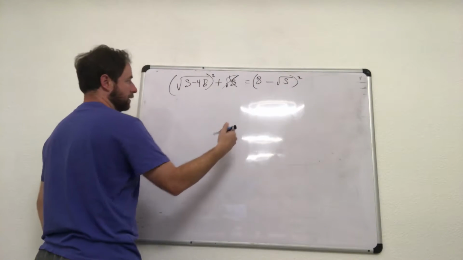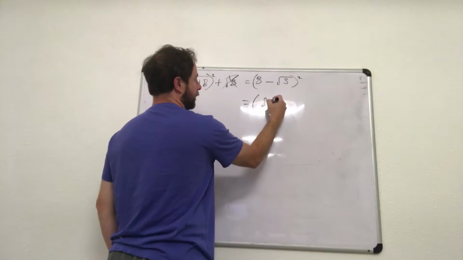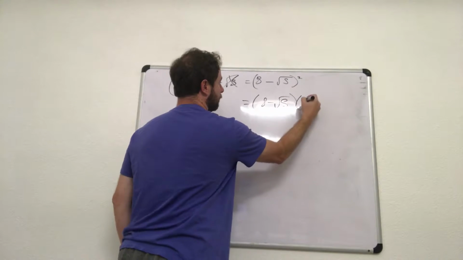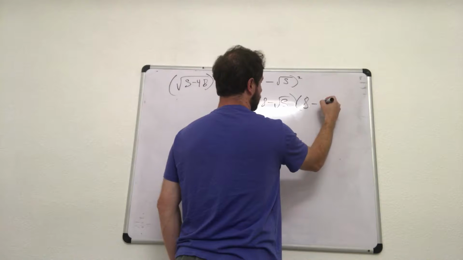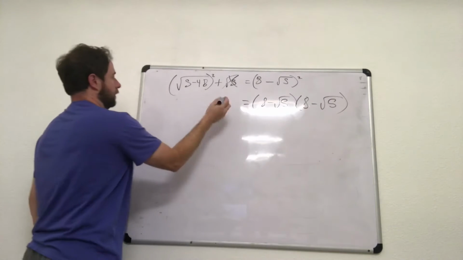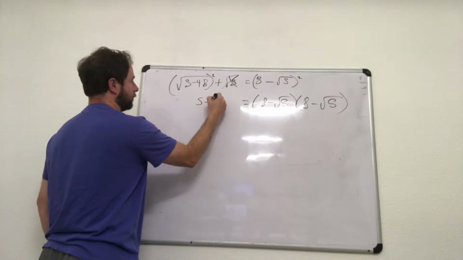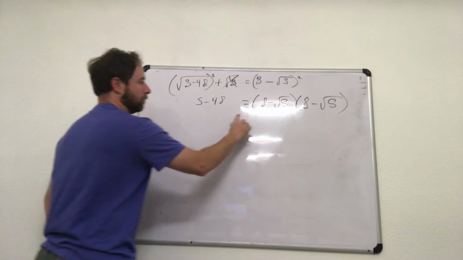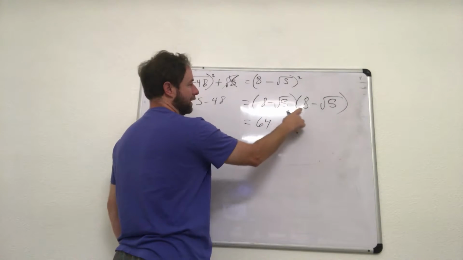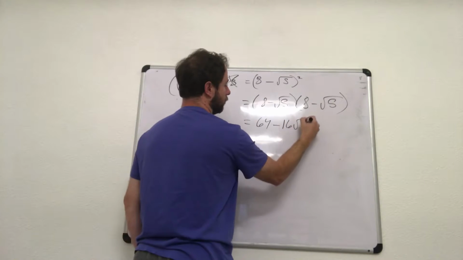Now the key is whenever you square this, you don't just square both, you actually have to write it twice and then multiply by doing the distributive property twice. And so over here, when you square this, you simply get s minus 48. And now we have to distribute this twice, so we get 8 times 8 is 64. We're going to get negative 8 root s twice, so we're going to get negative 16 root s.